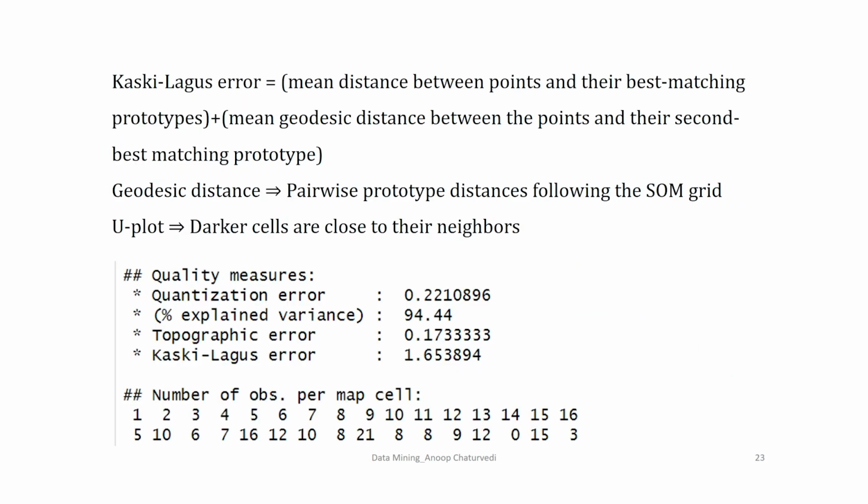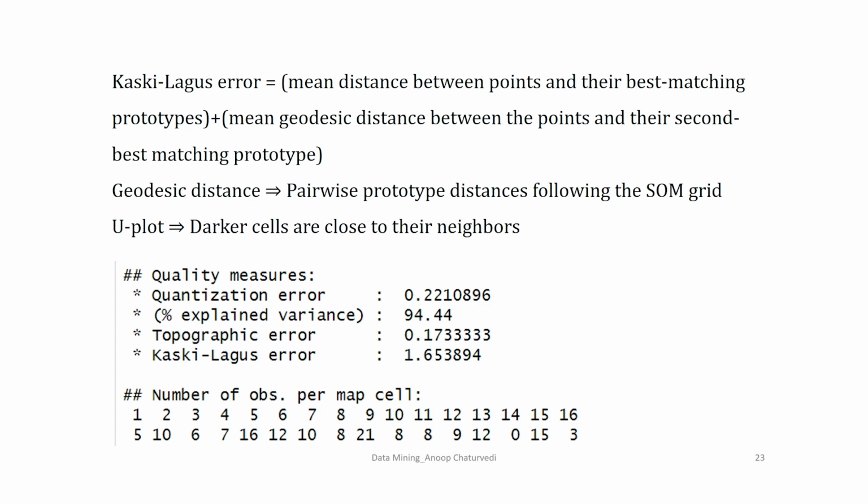Then Kaski-Lagus error, which is the mean distance between points and their best matching prototypes, plus mean geodesic distance between the points and their second best matching prototype.